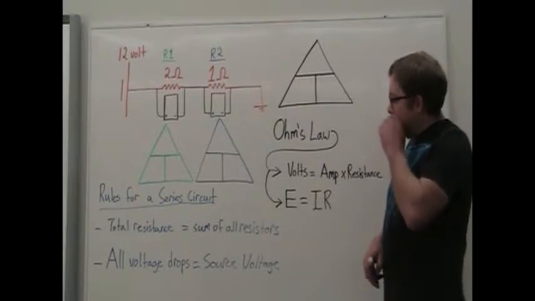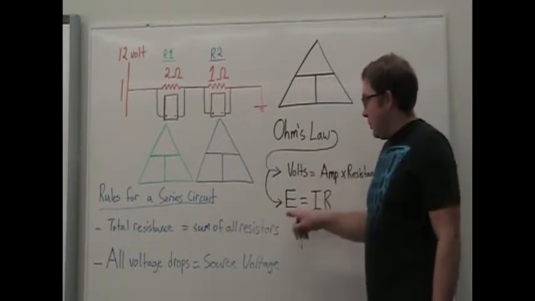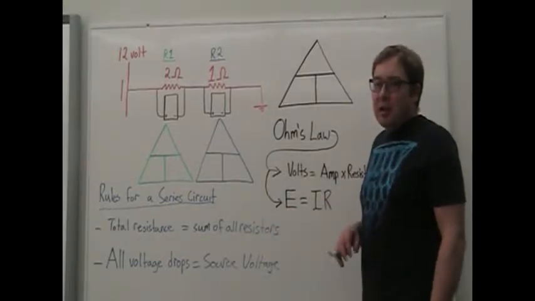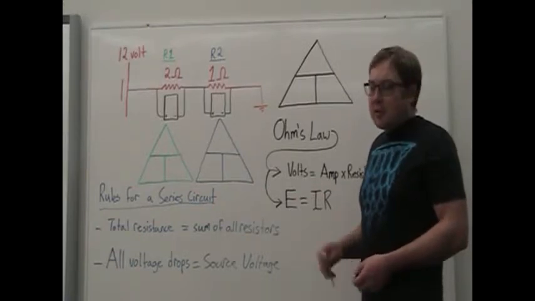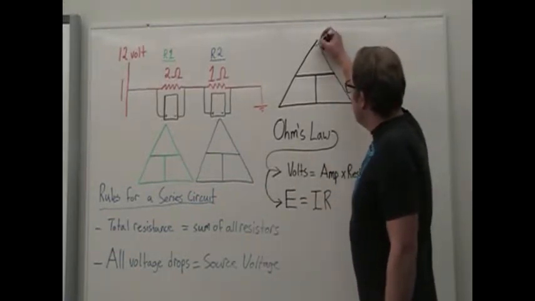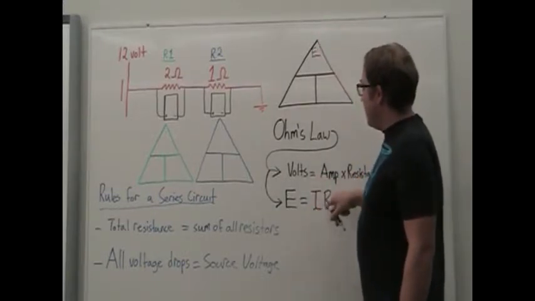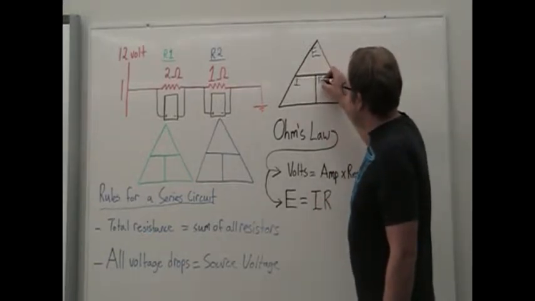Alright, so using a trades triangle, we can take this formula and put it into a trades triangle, and I personally like to use the trades triangle along with most of my students. So when we figure this out, E is going to be on top, and then our I and R on the bottom here.